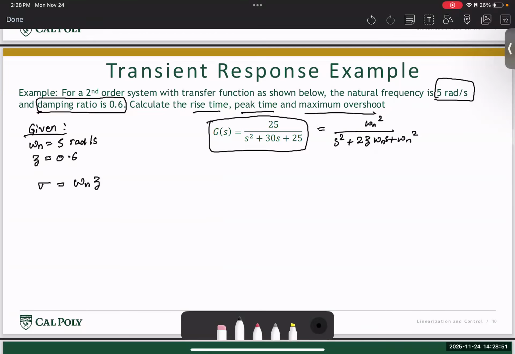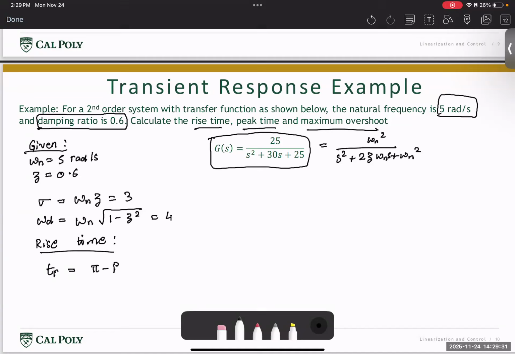All right. Now to find the rise time, this is the amount of time the system takes to reach 90% of the desired system state. The rise time is given by the formula above, where we said rise time is pi minus beta divided by omega d. So substituting that, the rise time is pi minus beta divided by omega d.